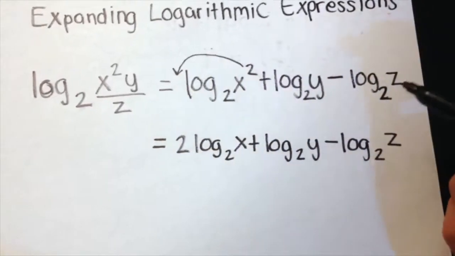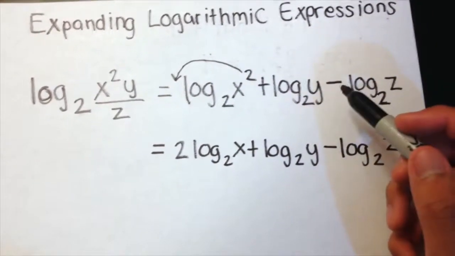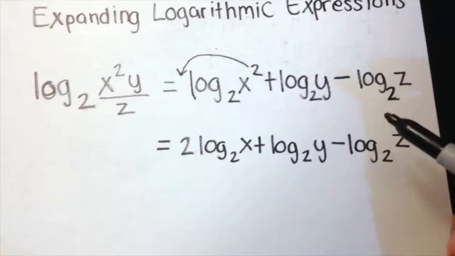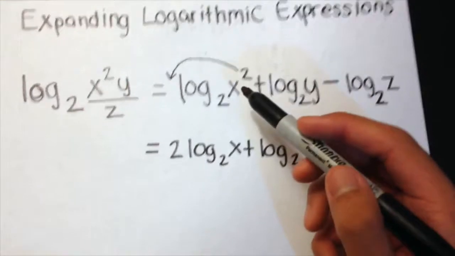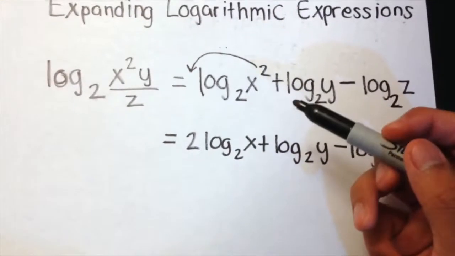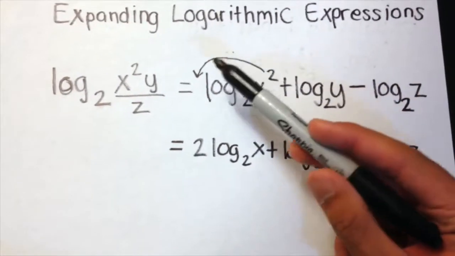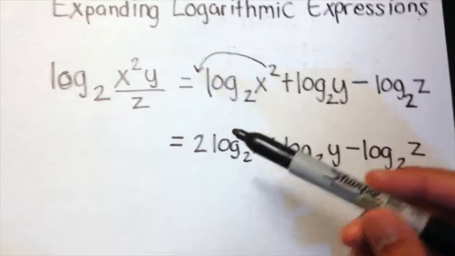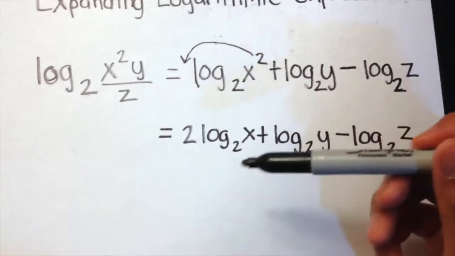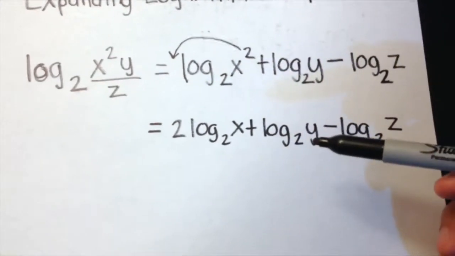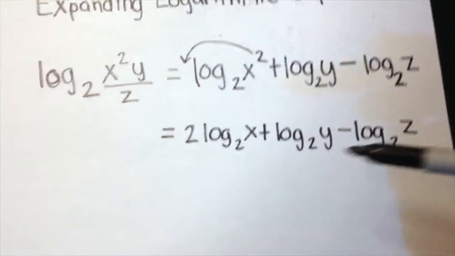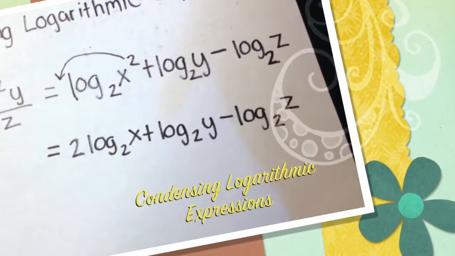So you just tack on at the end log base 2 of z as one log. And the last step, since there's an exponent here, you can use the power property and bring it to the front as a coefficient, and you get 2 log base 2 of x plus log base 2 of y minus log base 2 of z. And that's how you would expand this.